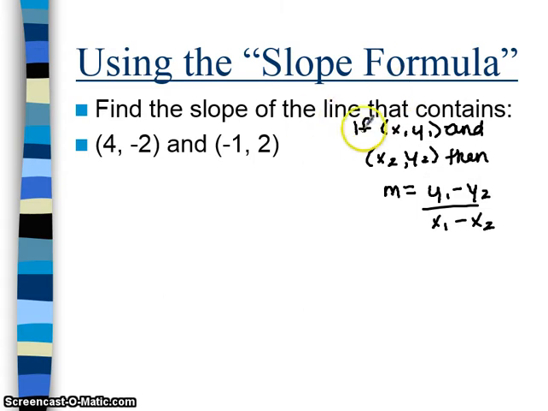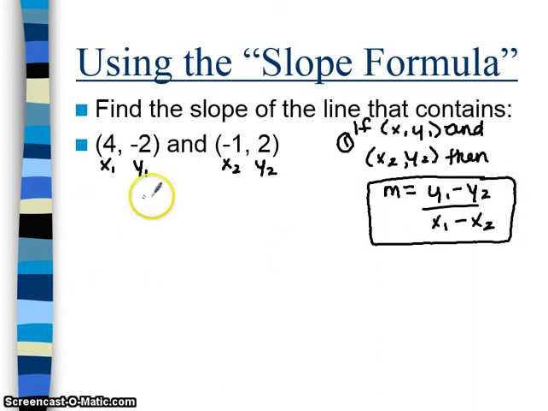So our first step is going to be able to label our 2 points, x1, y1, x2, y2. Because then we are going to use substitution into the slope formula to calculate slope. So right now we know that slope equals y1 minus y2 over x1 minus x2.